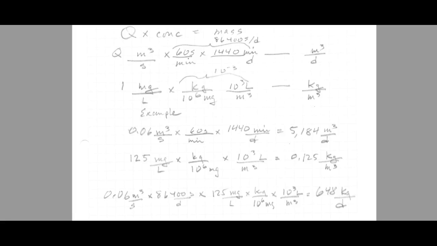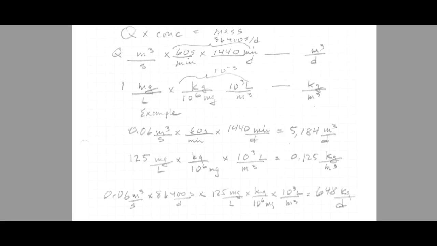Our concentrations are frequently milligrams per liter, so we need to convert those to kilograms or kilograms per day. There's a million milligrams in a kilogram. There's 1,000 liters in a cubic meter.